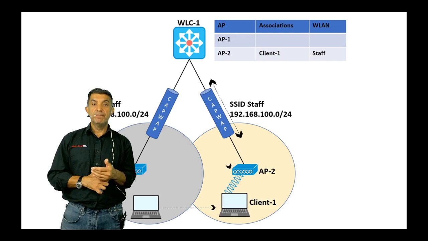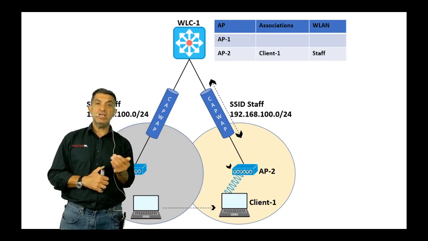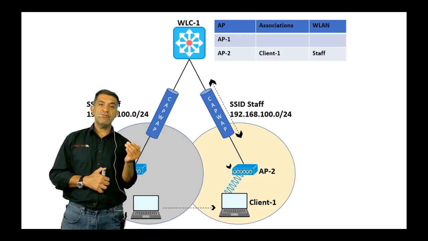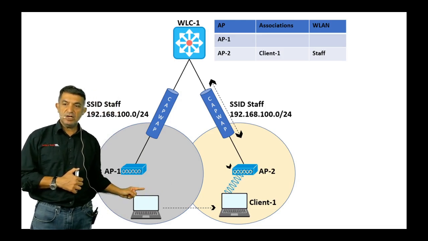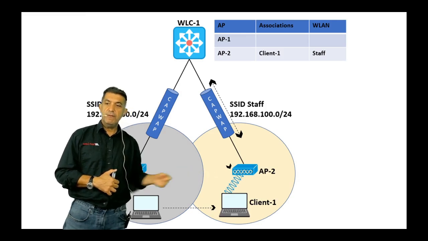And the decision of the roaming, at which time I want to change my AP, or the client wants to change the AP because it is going far away from one AP. For example, in this case, the client is here and is moving that way, to that AP.